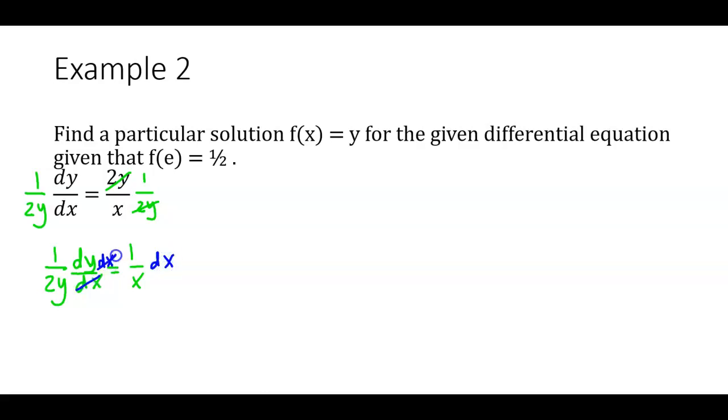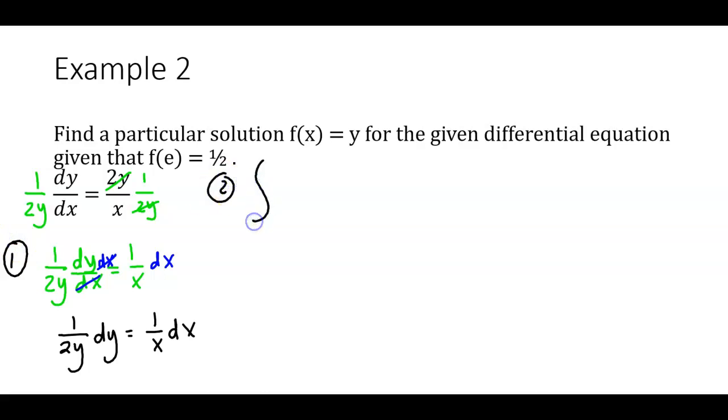That way these cancel out. And now I've got 1 over 2y dy is equal to 1 over x dx. And now I'm ready to go ahead and move on to step 2, which is integration. So that's step 1. Let's go into step 2.